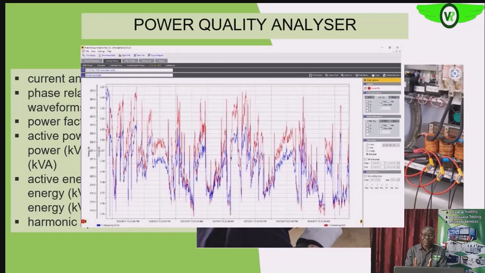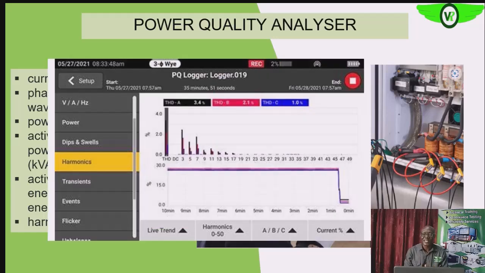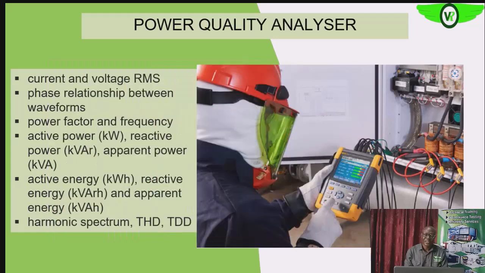With this analyzer, we'll be able to carry out what is called a fast Fourier transformation, known as FFT. With the fast Fourier transformation, we'll be able to separate all of these signals according to their frequencies of occurrence.